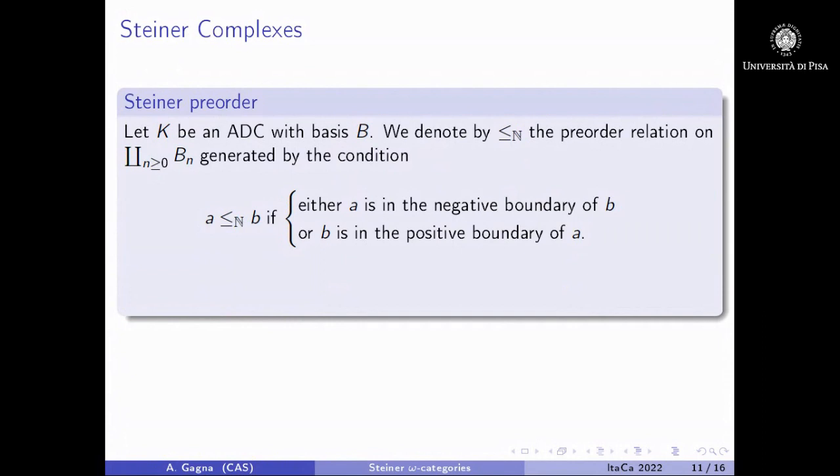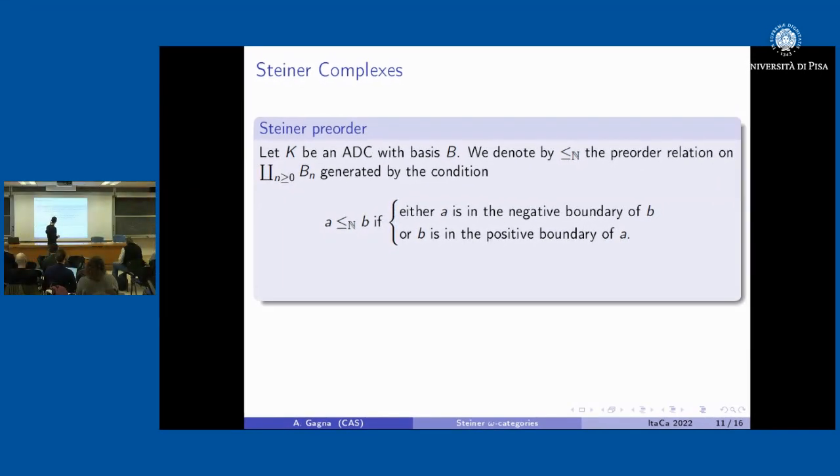Last definition, I promise. If we take an augmented directed complex with basis, there is a pre-order relation, A less or equal than B, that is defined in this way. Either A is in, you remember we have the boundary and we can take the negative and positive part. Is in the negative part.